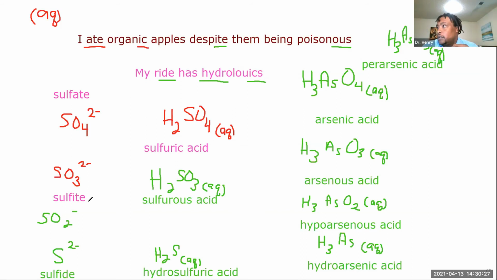So hypo means below. When you say hyposulfite, that means you're below sulfite, which has 3 oxygens. If you take 1 away, that means you have 2 oxygens. Oh, okay, I see. Thank you. No problem.